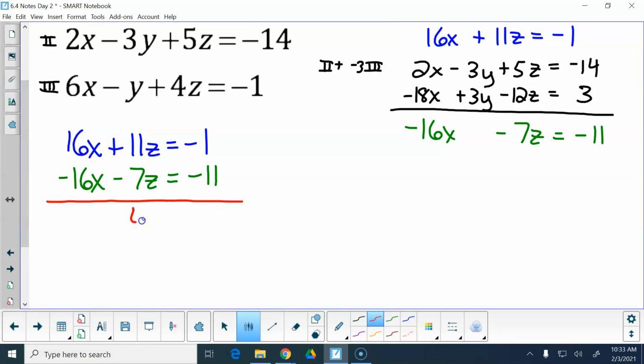Gone. 4. I get z is negative 3. Let's see, if z is negative 3, let's go back into blue.